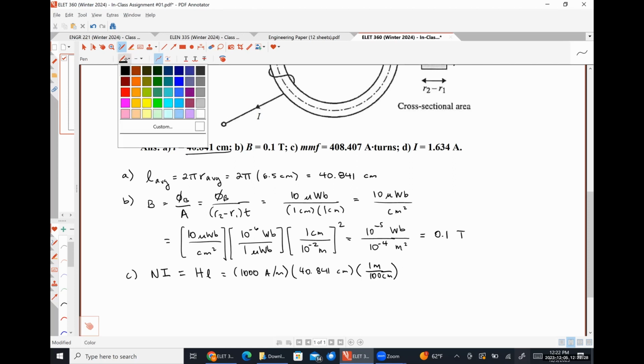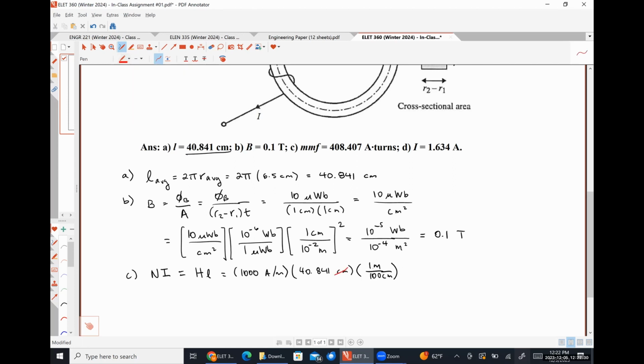And if we look at what's going on with the units here, this centimeters in the numerator cancels this centimeters in the denominator. And then this meters in the numerator cancels this meters in the denominator. We're going to be left with amps. Realistically, this is going to be measured in amp turns, but a turn is a dimensionless quantity that's just counting the number of turns that we have in our system.